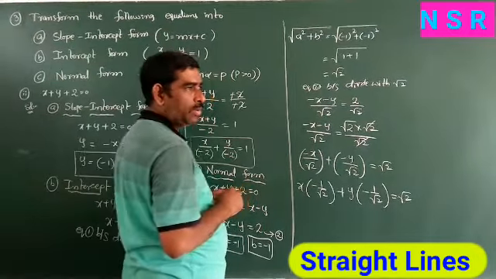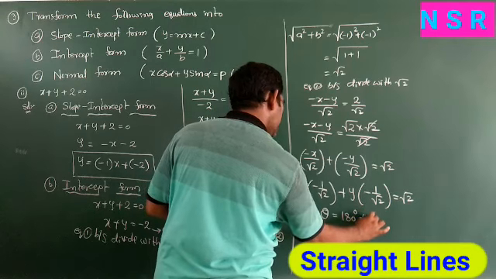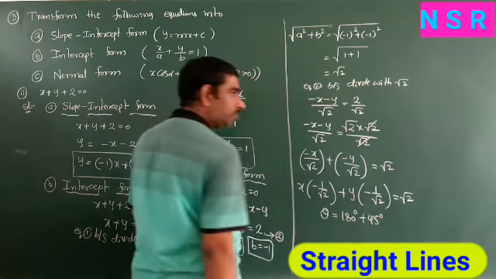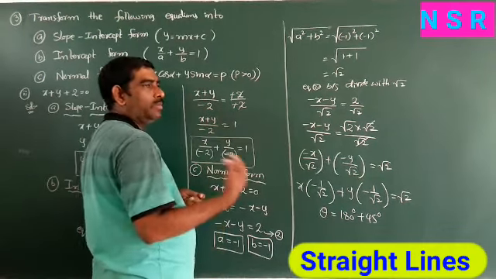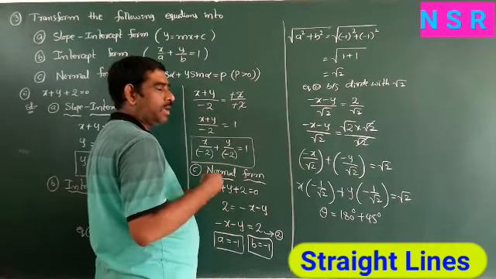So write theta is equal to 180 plus 45. In 180 plus theta, in place of theta write 45 degrees. So 180 plus 45, theta is equal to 225.